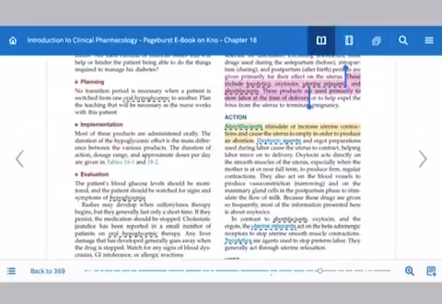Oxytocin is one of these types of drugs. Abortifacients are actually used to terminate pregnancy. Uterine relaxants work to help stop uterine smooth muscle contractions. And your tocolytics are used to help stop preterm labor.